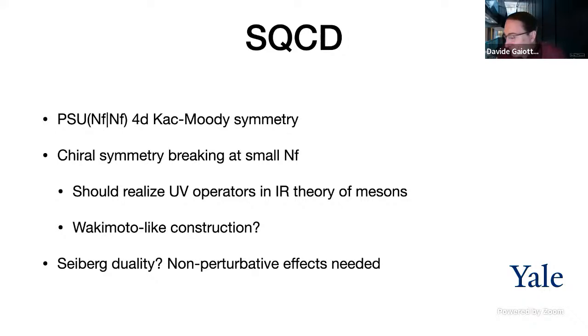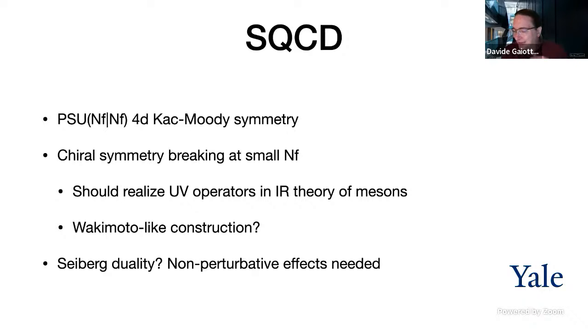Now I would like to understand better the consequences of this physics expectation on the holomorphically twisted theory. We have this four-dimensional Kac-Moody algebra with holomorphic currents in the UV, and this must manifest itself in the infrared theory. If you look at the currents, some of the currents are the mesons themselves, some are bilinears in mesons, and some look like things that are cubic in mesons. The whole thing starts looking like a kind of vacuum module construction for the four-dimensional Kac-Moody algebra.